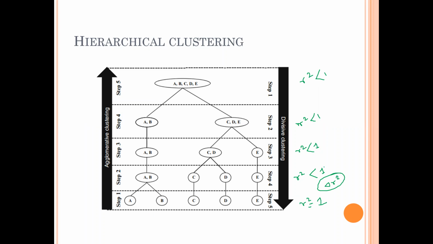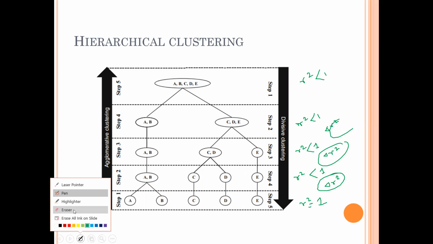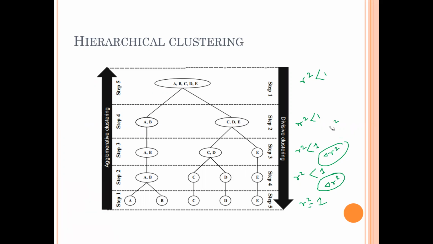So that I will take. In the agglomerative, I will check which two observations, if I join, give the lowest change in delta R square. That I will join. And in the divisive, I will check for the highest delta R square jumps. Those I will split. So both will give you the same result, whether you go for agglomerative or divisive. But this is what you focus on, the delta of this R square.